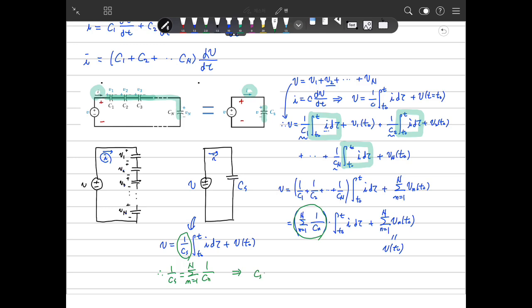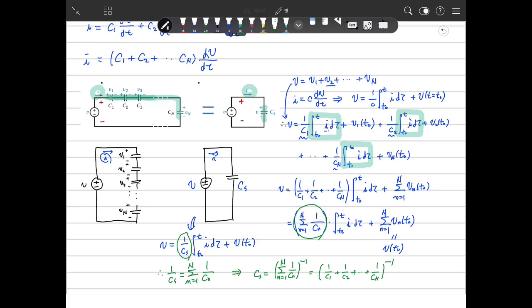Stated correctly, Cs is the inverse of 1 over C1 plus 1 over C2 plus 1 over Cn.